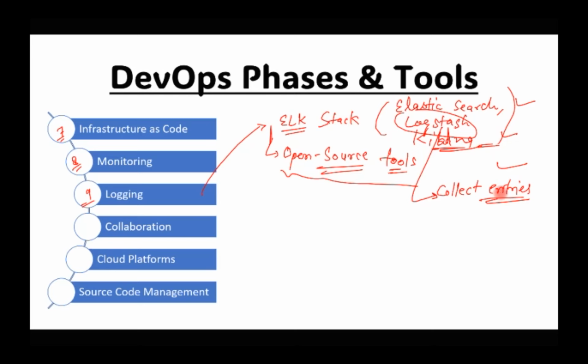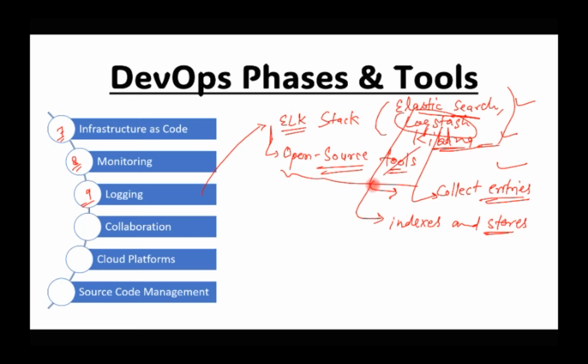These sources can be anything like files or APIs, and it passes this information into a structured format. Next component, Elasticsearch: whatever information is collected by Logstash, it indexes and stores the processed data, which allows for efficient searching and analysis.